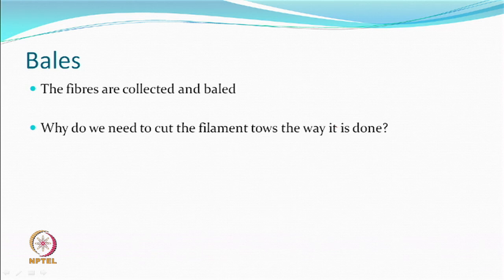The question people then asked was, why do we need to cut the filament tows the way it is done? Because in filament tow, the fibers are already parallel. So you are first cutting, then randomizing them, and then saying, let's parallelize them again.